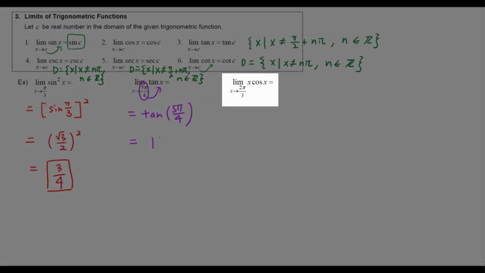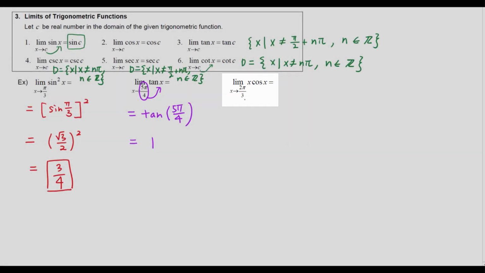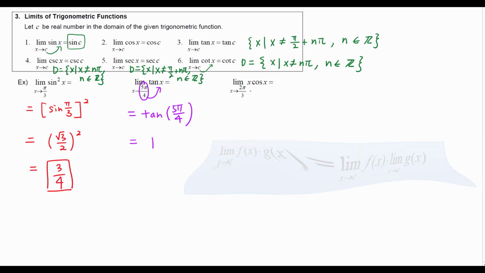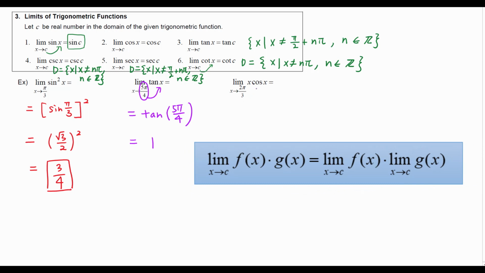How about the limit of x times cosine of x as x approaches 2 pi over 3? The domain of cosine x is all real numbers, so I can plug 2 pi over 3 in for x, and the limit of a product is the product of the limits.